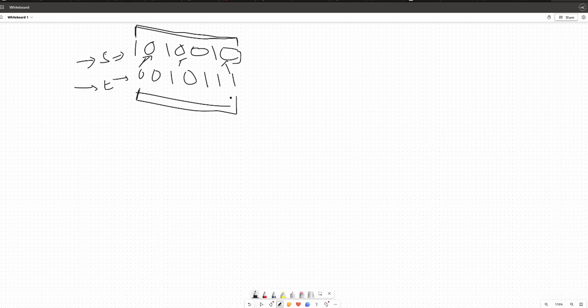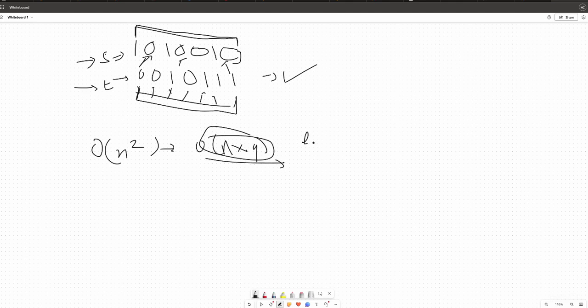Obviously, the simple brute force way is to iterate from L to R and see which ones you can convert, then convert them, count them and print the answer. That will work in O of n square, or O of n times q. Obviously, this will not pass under the given time constraints. We cannot iterate from L to R every time. It's not possible. So what other solution occurs to you?